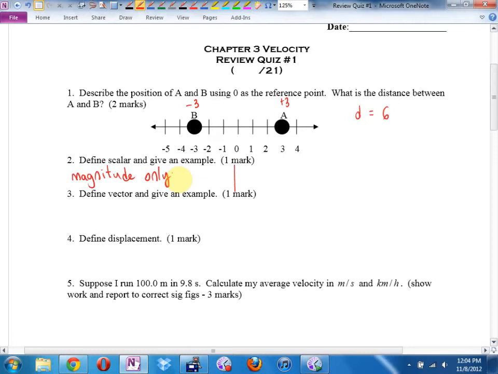And then it says, give an example. I'll rattle off the most common ones, and if you didn't use one of those, try me. Speed, distance, time, mass, volume, length, area, voltage, work, energy, power, charge.